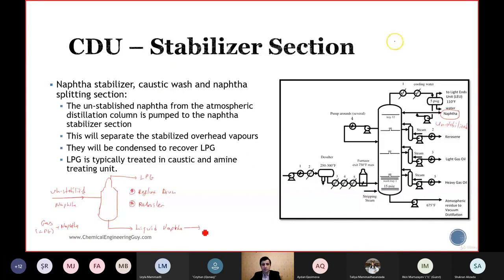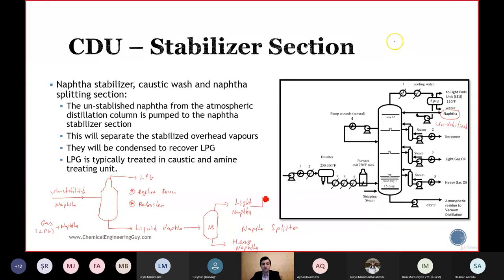It is a naphtha splitter, and we separate the liquid light naphtha. Who can tell me where light naphtha and heavy naphtha are routed? Light naphtha is routed to the isomerization unit.